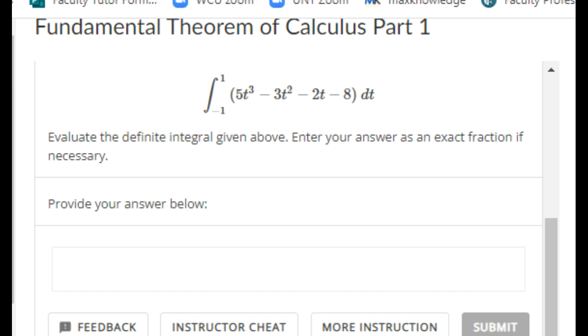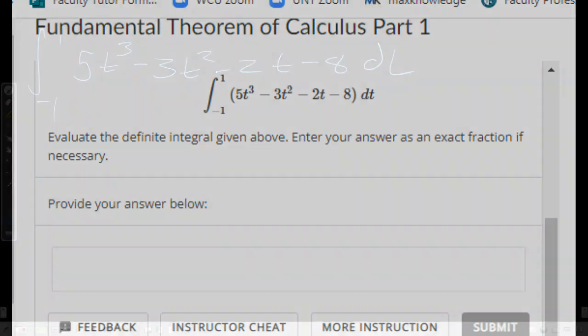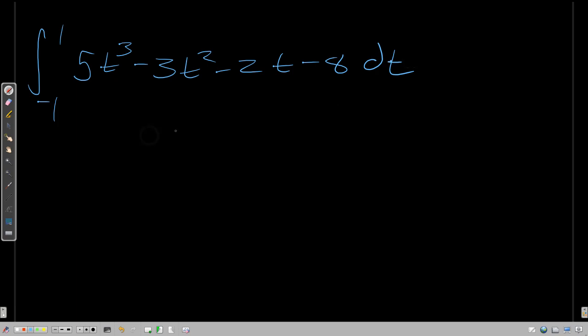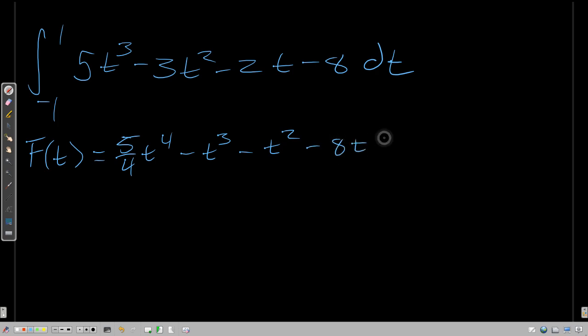Here we have the integral from -1 to 1 of 5t cubed minus 3t squared minus 2t minus 8 dt. Then my antiderivative at t is 5/4 t to the 4th minus 3 over 3 t cubed minus 2 over 2 t squared minus 8t.